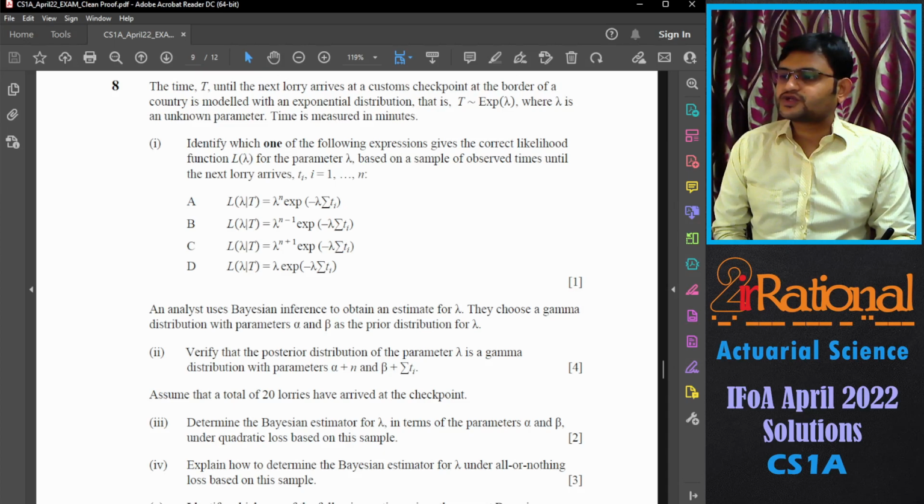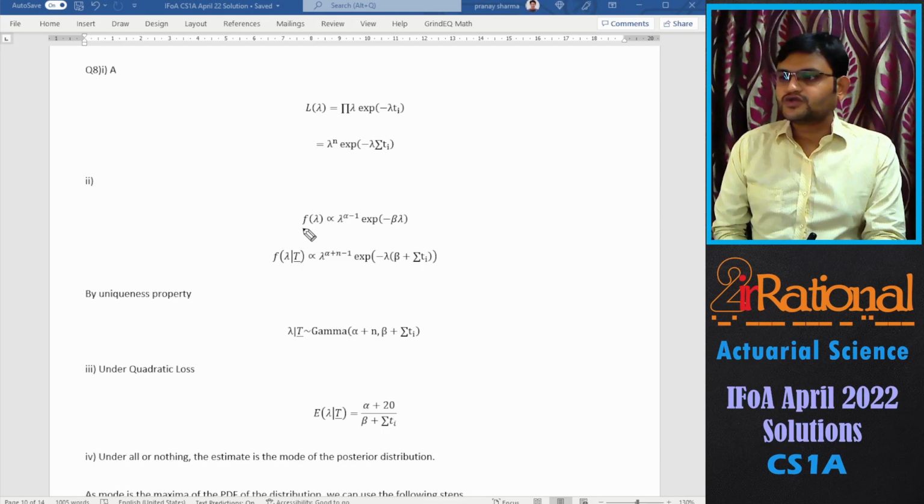An analyst uses Bayesian inference to obtain an estimate for lambda. They choose a gamma distribution with the parameters alpha and beta as the prior distribution for lambda. Verify that the posterior distribution of the parameter lambda is a gamma distribution with the parameters alpha plus n and beta plus summation ti. So our prior would be proportional to lambda raised to alpha minus 1 e raised to minus beta lambda, and we already have the likelihood here.